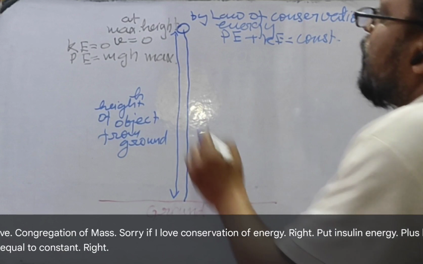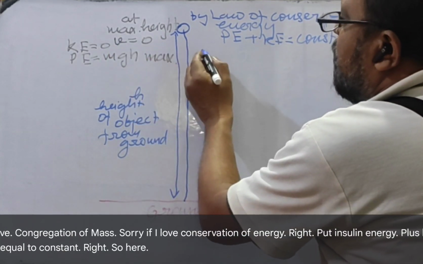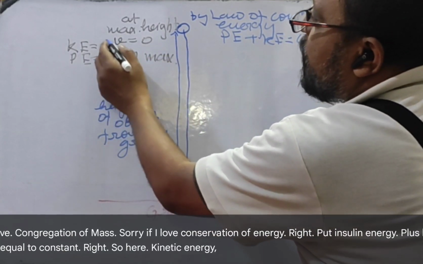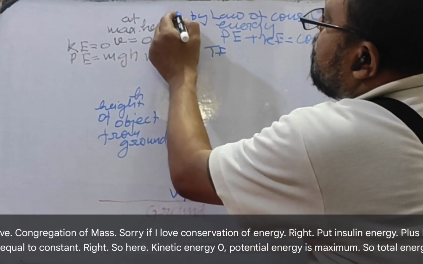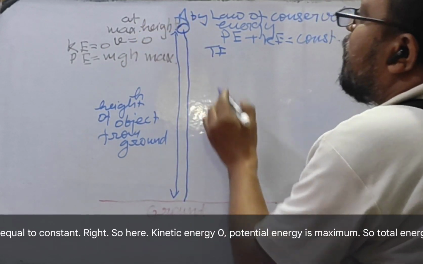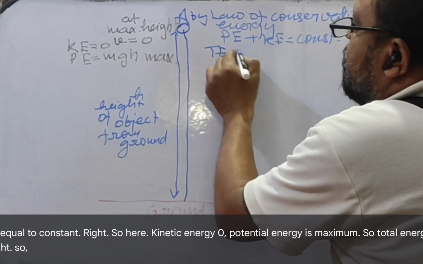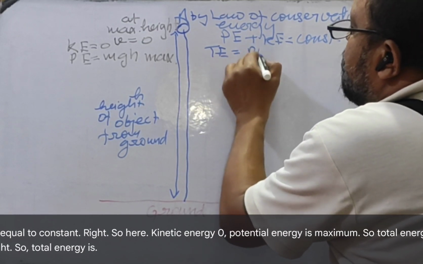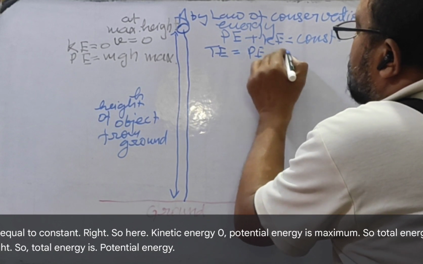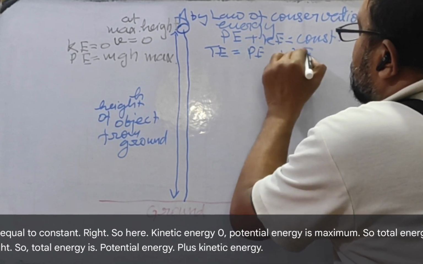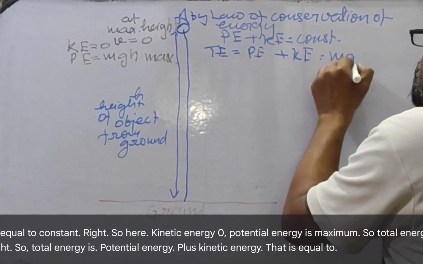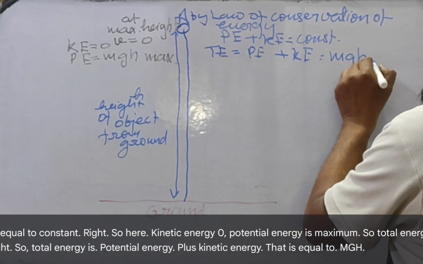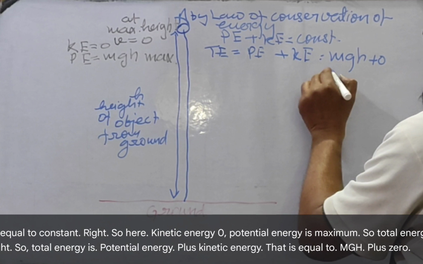So here kinetic energy is 0, potential energy is maximum, so total energy, this is point A, right? Total energy is potential energy plus kinetic energy, that is equal to mgh plus 0 is equal to mgh.